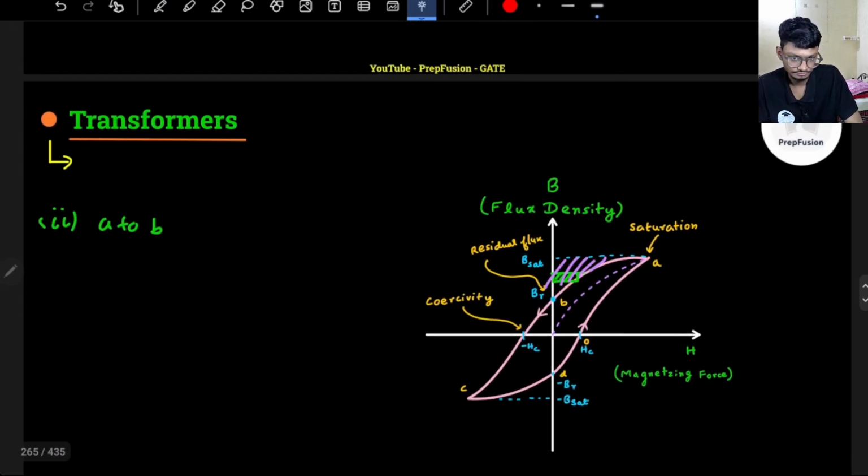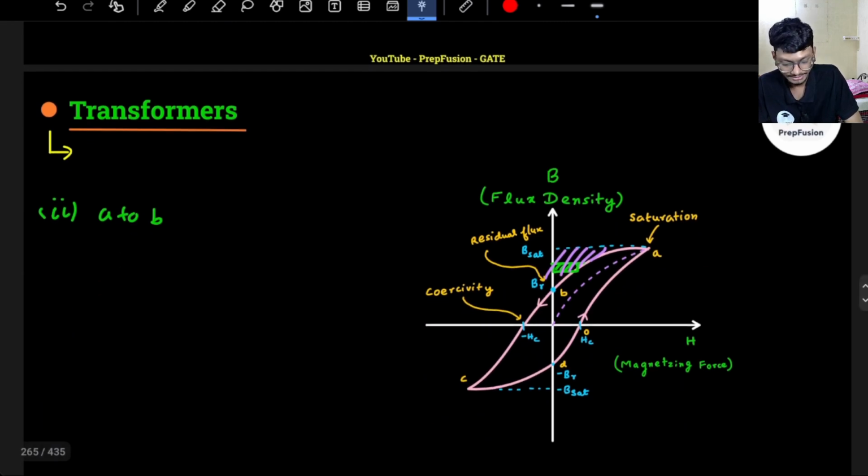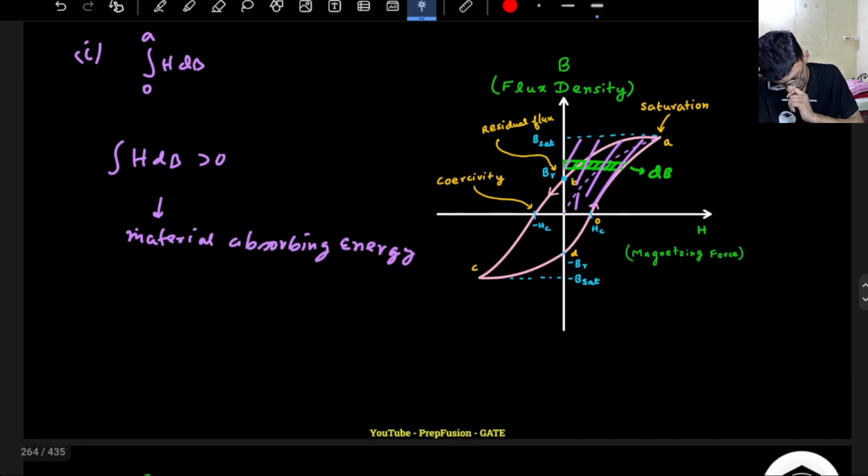And what is happening here? Is the area positive or negative? That is what we have to identify. If I'm moving from O to A, my B is increasing, right?